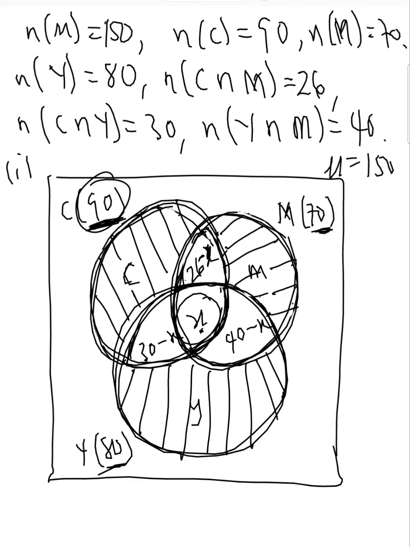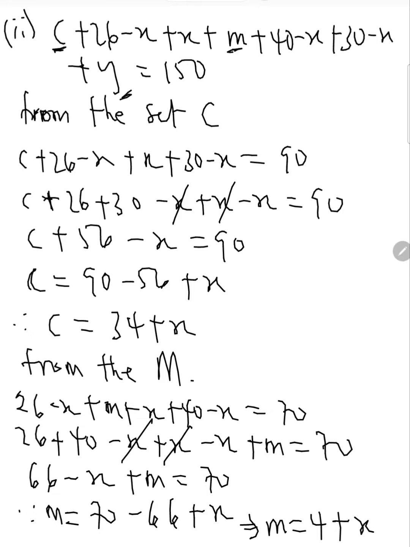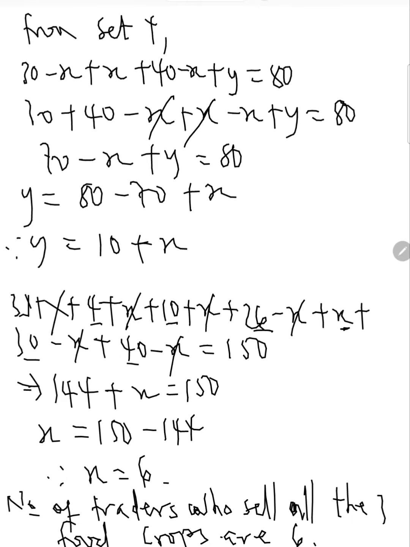So don't forget, I told you in set we use union or addition to represent the word or, and in the same way we use intersection or multiplication to represent the word what? And. Okay. So looking at those who sell only one food crop, which is III.